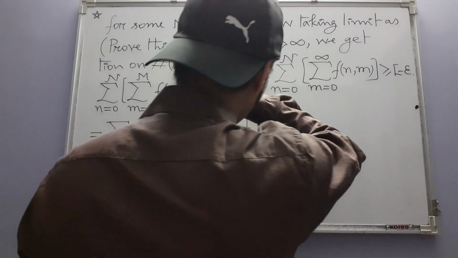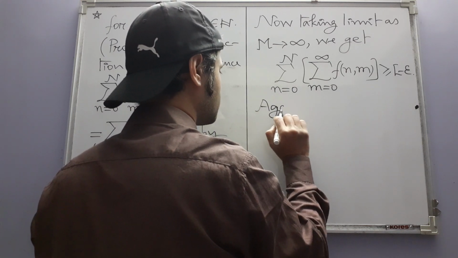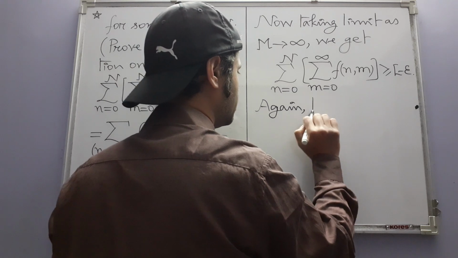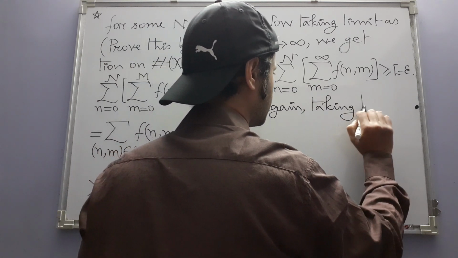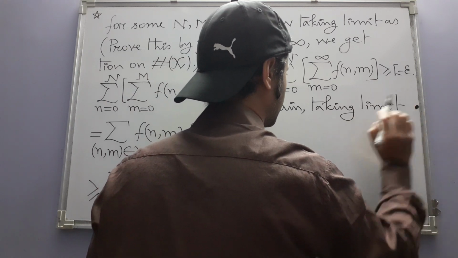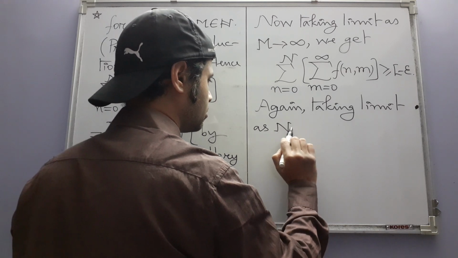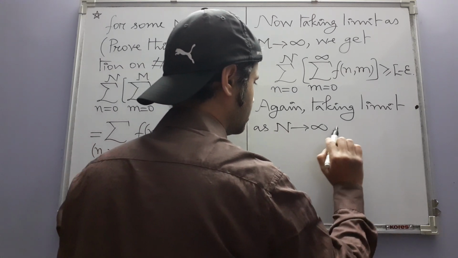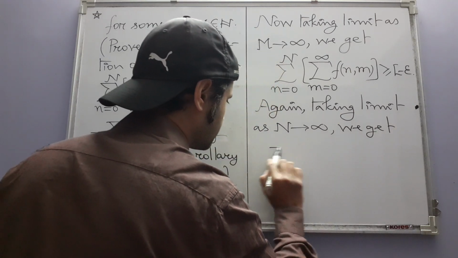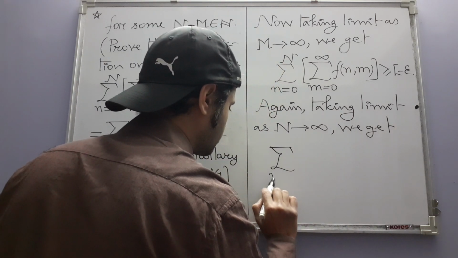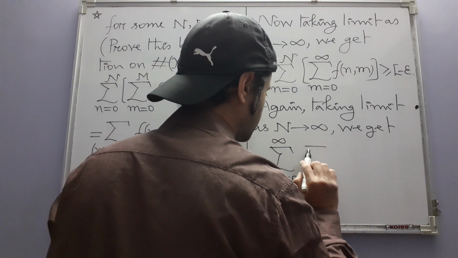So now, again taking limit as n approaches infinity, we get... that is, now we know that the outer series is also convergent.